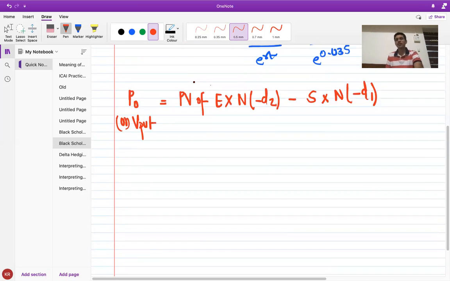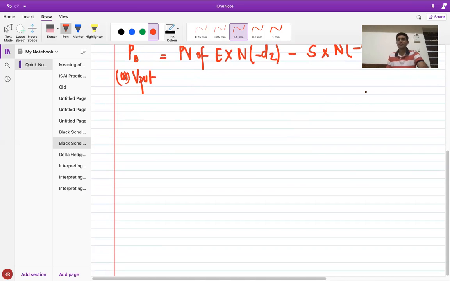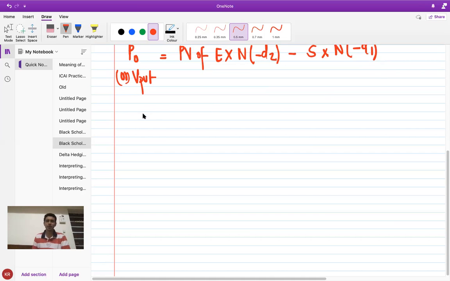Now let us come to the formula for D1 and D2. But before that, I will just tell you ND1 is the normal distribution table value for D1.